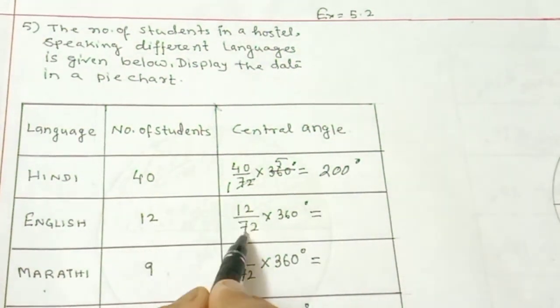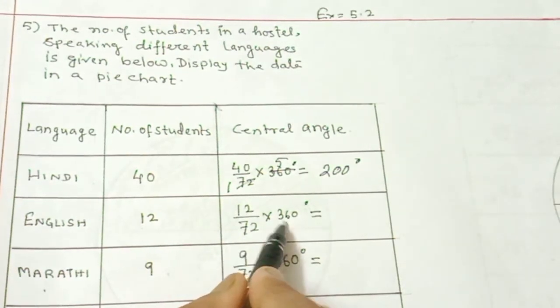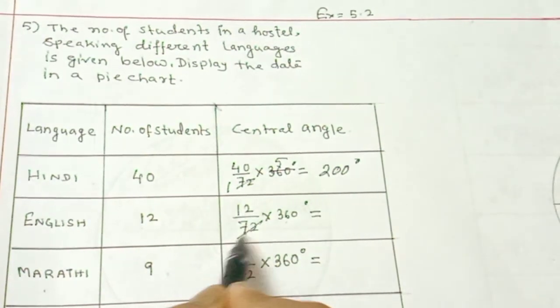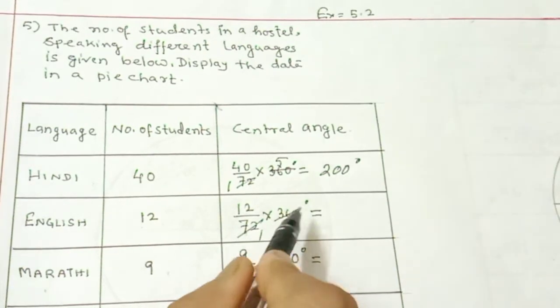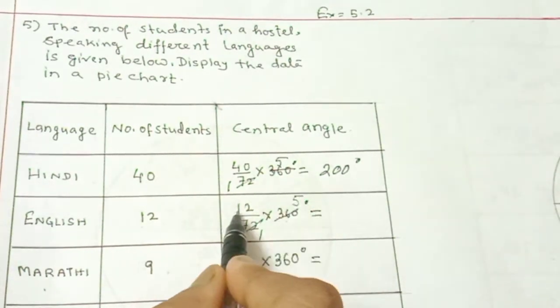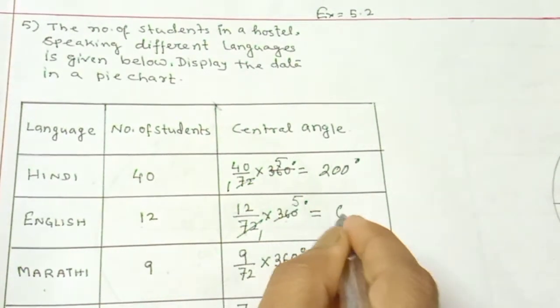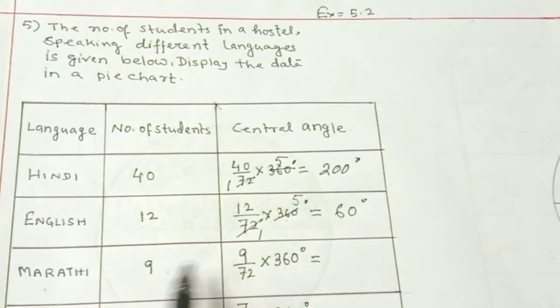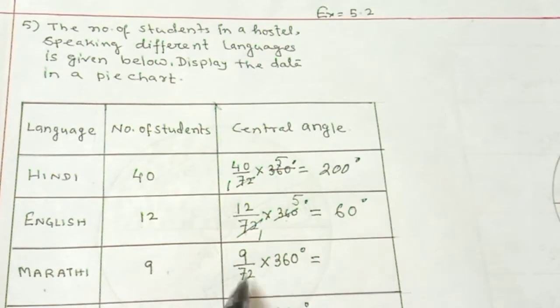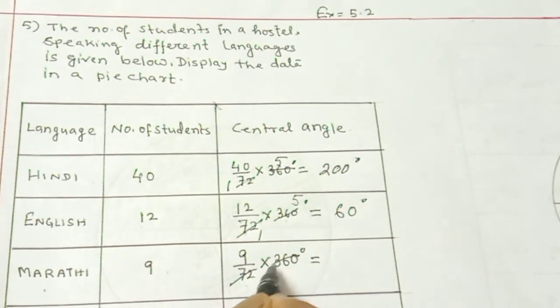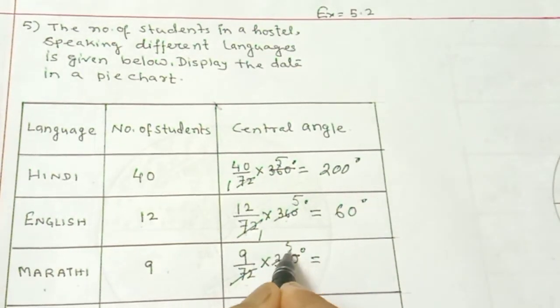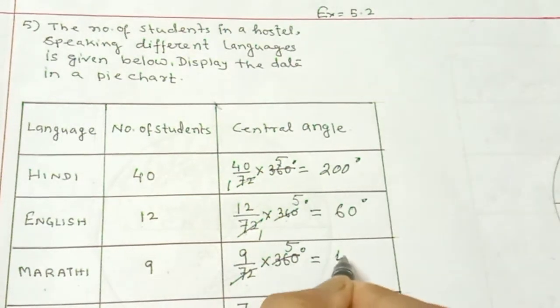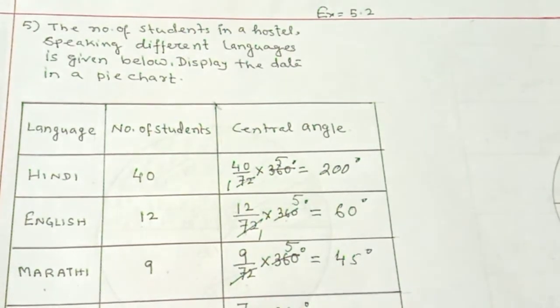English 12. So 12 by 72 into 360 degree. Out of 72, 12. So 72 1 is 72, 72 5 is 360 degree. 12 5 is 60 degree. Now Marathi 9 out of 72. So out of 360 how much? 9 5 is 45 degree.